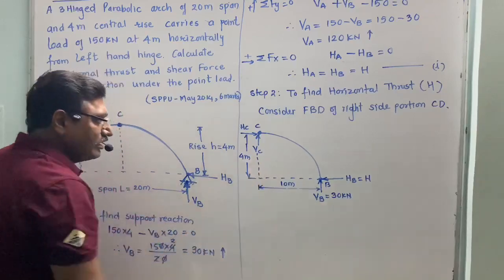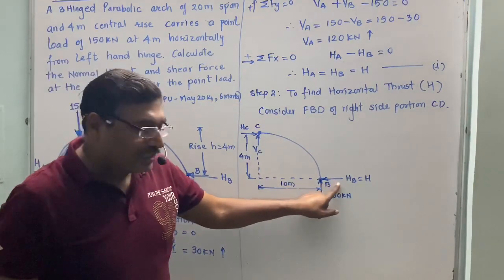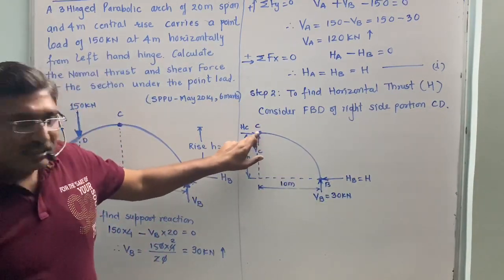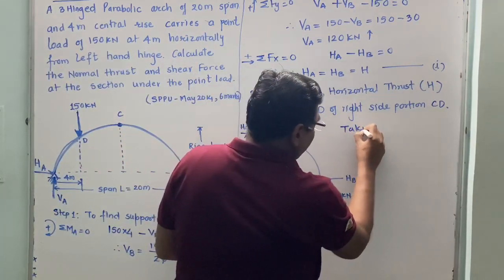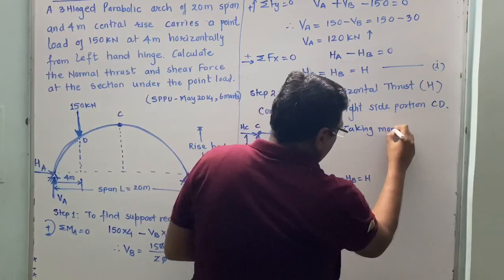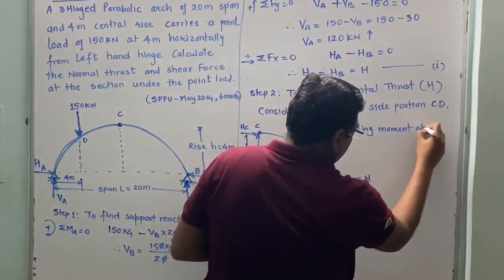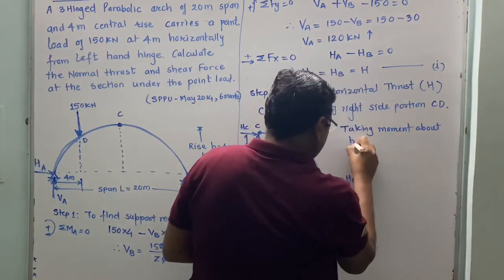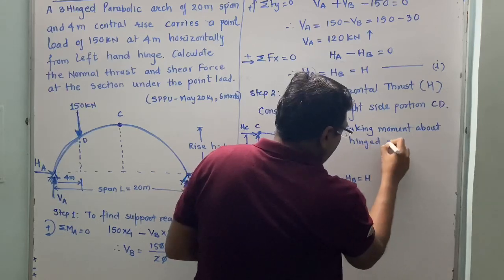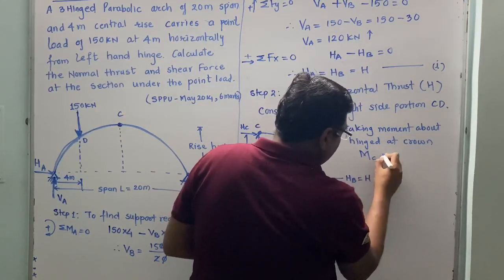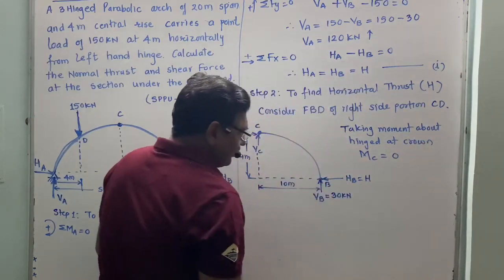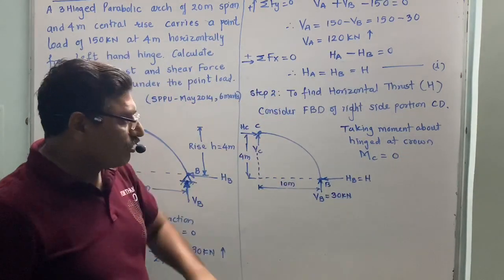So we can easily calculate this horizontal reaction by taking moment about the hinge at the crown. So moment about C is equal to 0. As it's a hinge, the moment about the hinge is always 0.